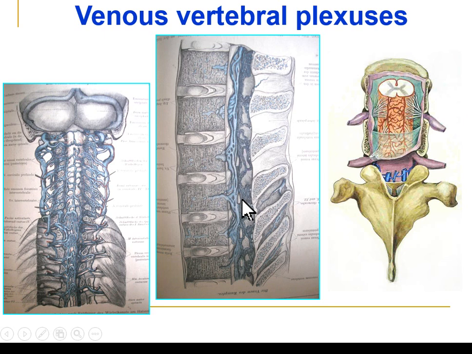Inside the vertebral canal we can see the anterior and posterior inner venous plexus. There are many veins forming anastomoses and venous plexuses.